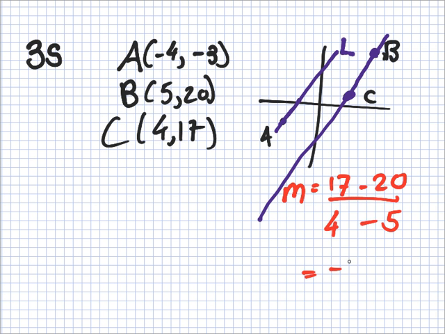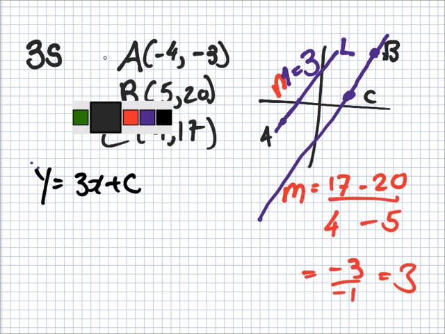So that's -3 over -1, which is 3. Alright, so what's the slope here? Well, it has to be 3 as well, because it's parallel. And I now have my equation: y equals 3x plus c.